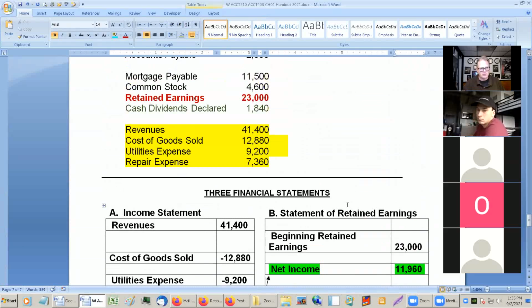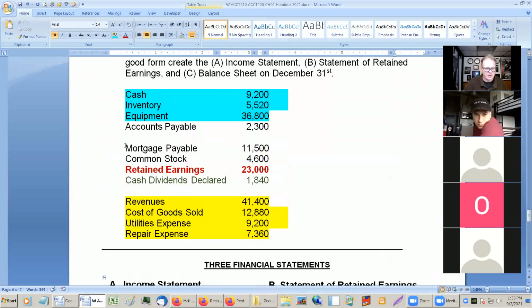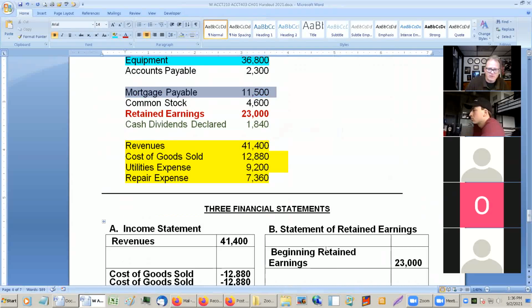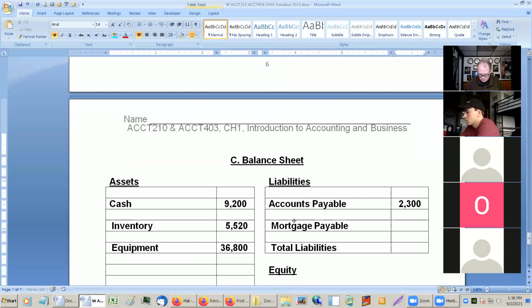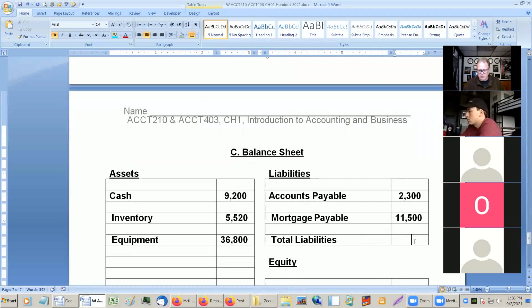Is there a mortgage payable? There is a mortgage payable. I'm sorry, mortgage payable, 11,500. Okay, so the total would be those two together. So we're at 13,800.